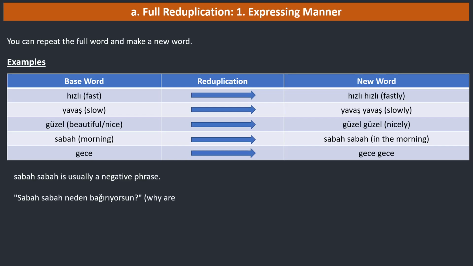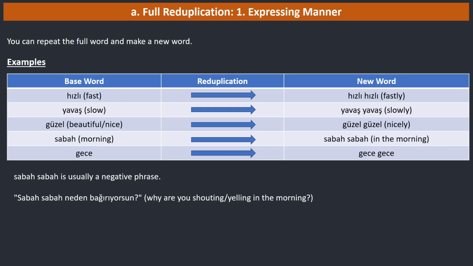Why are you shouting or yelling in the morning? The vibe, the meaning sabah sabah adds here is you are not supposed to yell in the morning. So what you are doing is wrong.